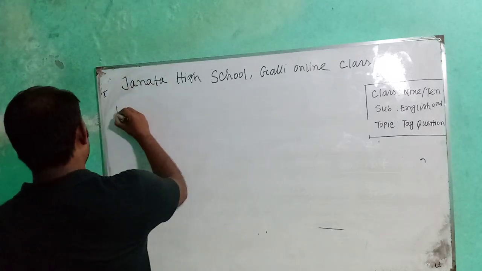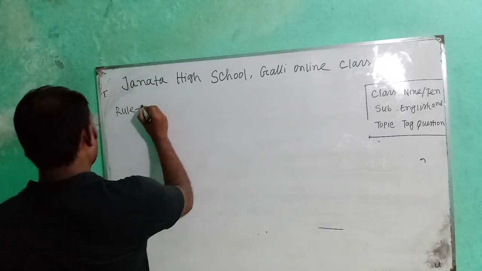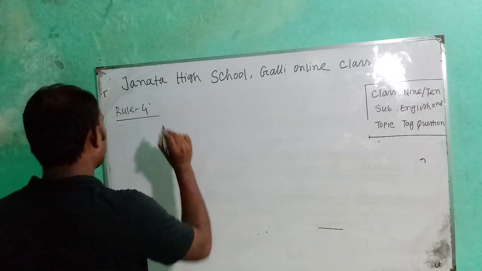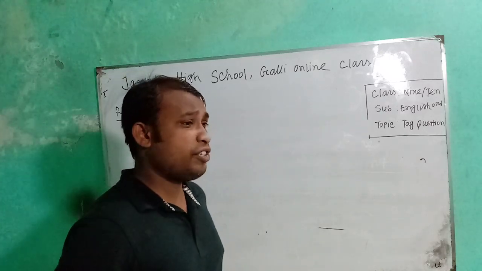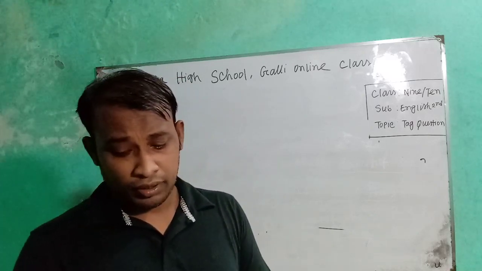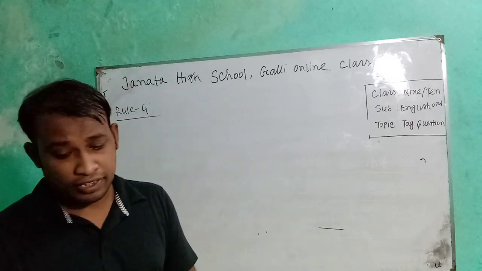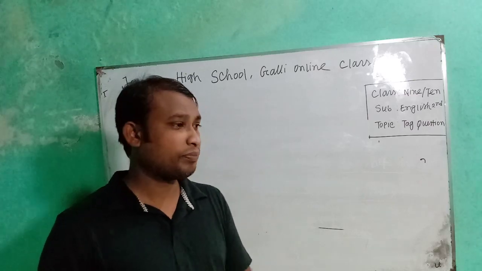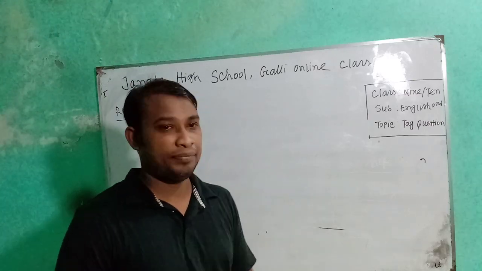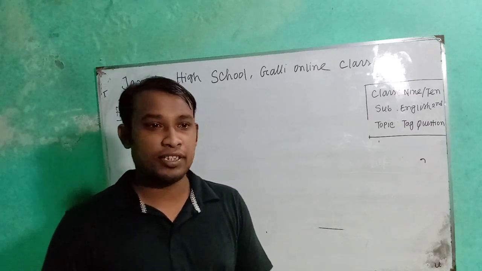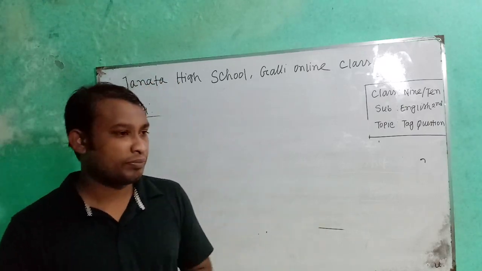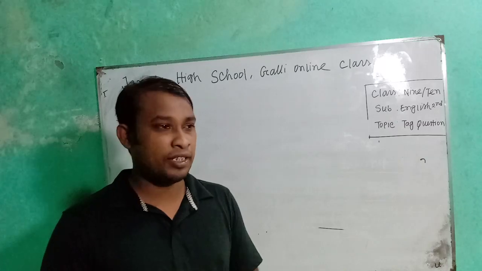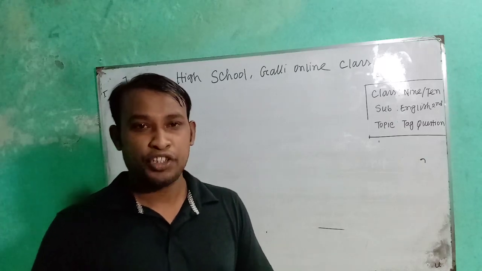Rule 4. If we find a man as subject in a sentence, we have to use he, and if we find a woman in the sentence as subject, we have to use she.